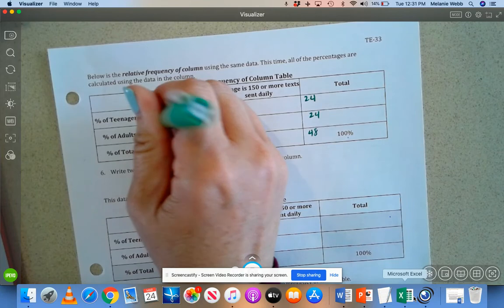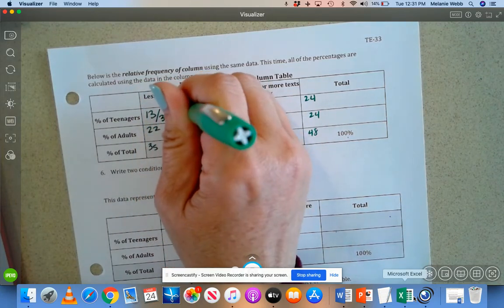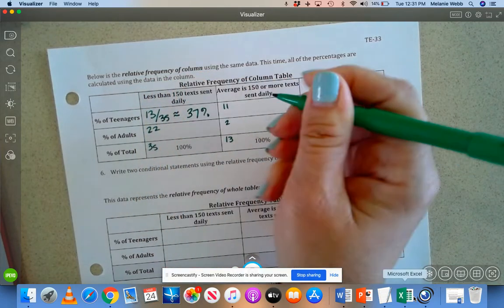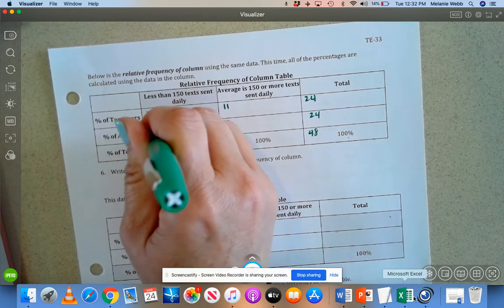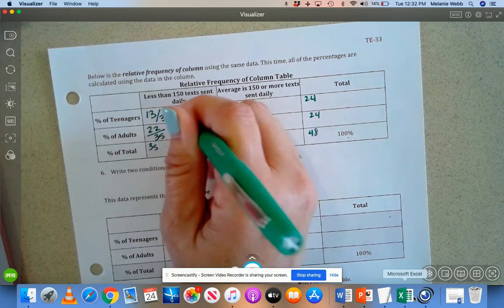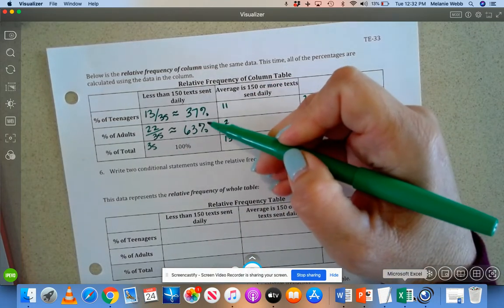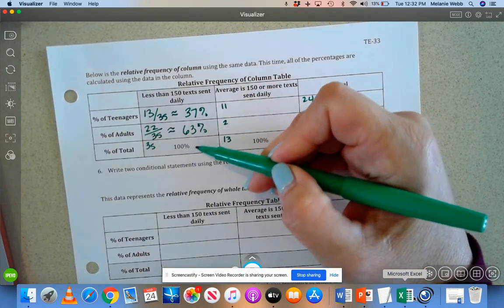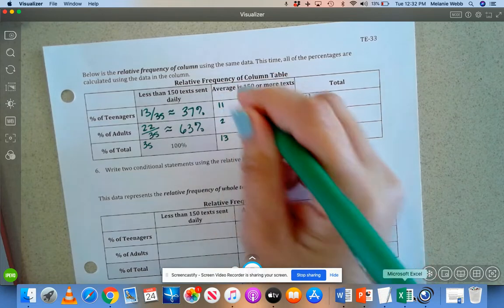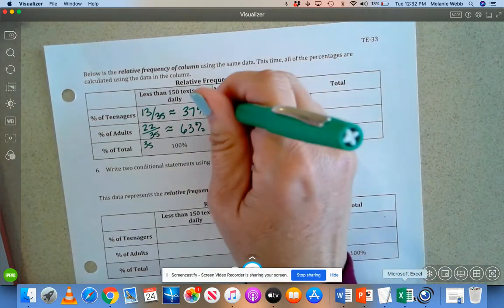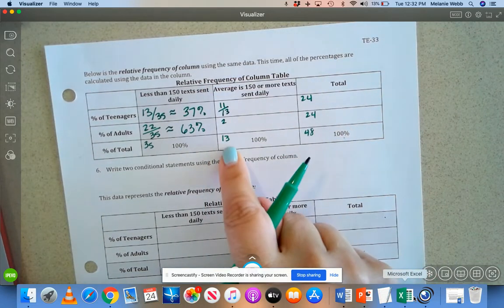And that's about 37%. And 22 out of 35 is about 63%. So your percents, you're going to round them, but they should add up to 100%. And then here, I want 11 out of 13, because that's the total of my column.